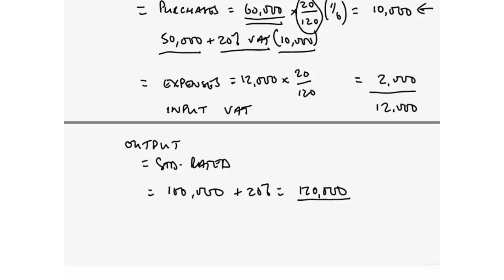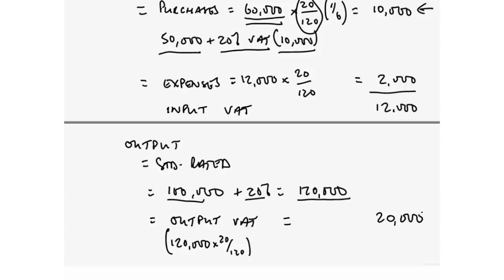Now again, if that is the case, then we have output VAT on those sales equal to, now you can see what the figure is here, 100,000 exclusive plus 20% was 20,000 VAT. The other way of looking at it, of course, was if you got a VAT inclusive figure, 120,000 times 20 over 120 equals, of course, again £20,000.